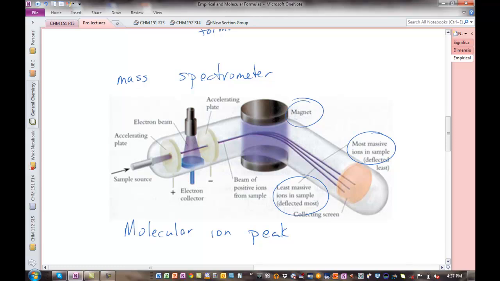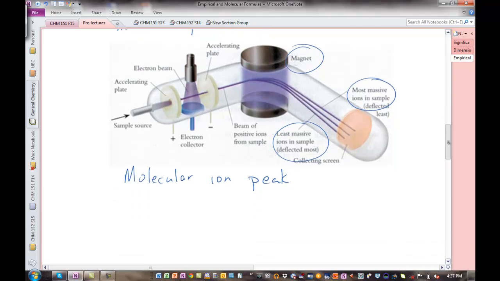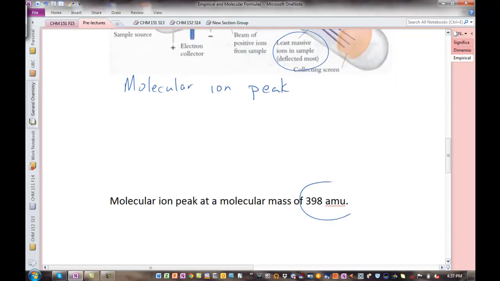That's pretty cool. We're going to get other fragments, but in this case, we were most interested in seeing, well, what is the molecular mass of the compound? So I took a sample down to the mass spec facility, had them run a sample, and I got back the results, and the molecular ion peak of my sample was at 398 AMUs.